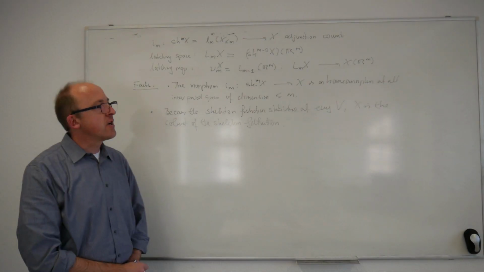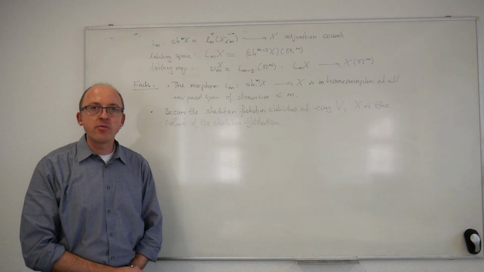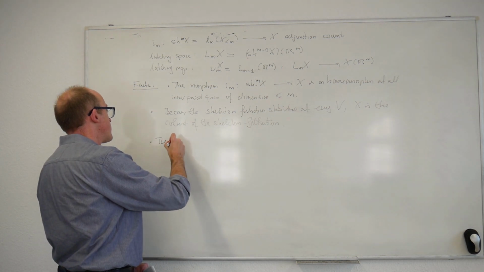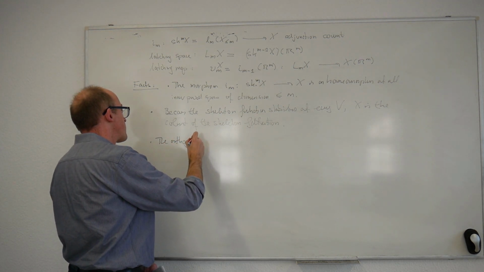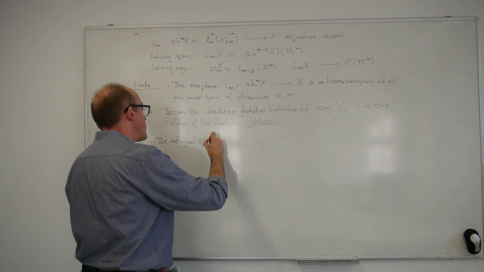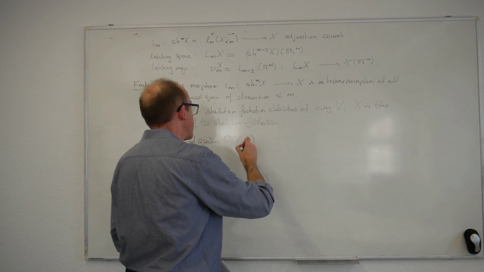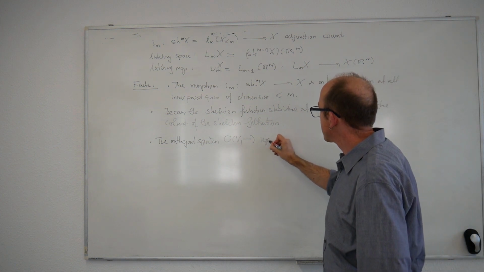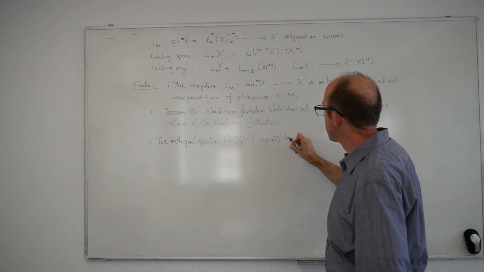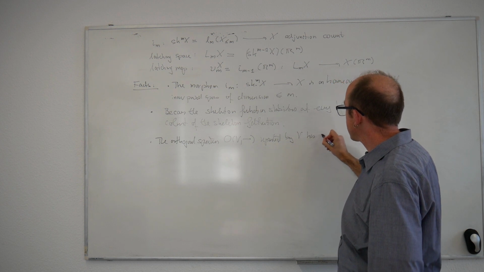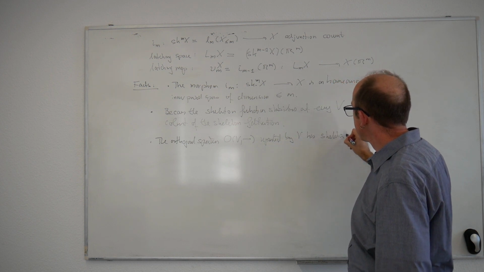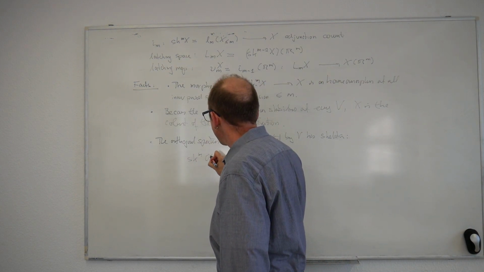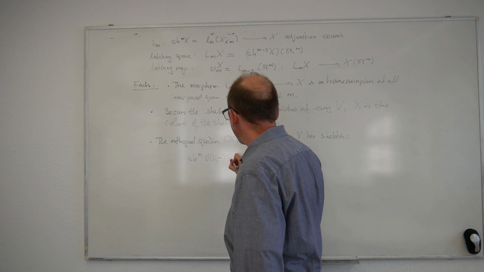Then you can wonder about examples, and important examples are the represented orthogonal spectra. The orthogonal spectrum OV blank, so functors out of a fixed inner product space. This is the one represented by V, has the following skeleton. So the M skeleton of the represented orthogonal spectrum?